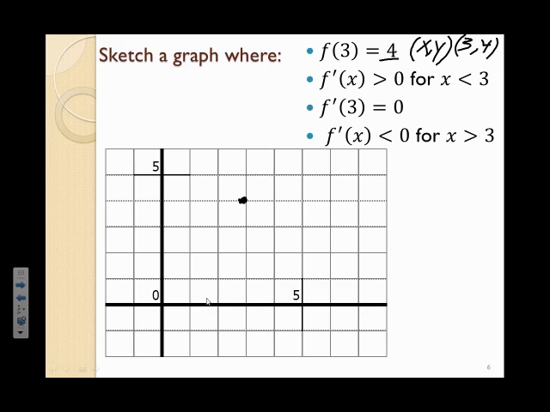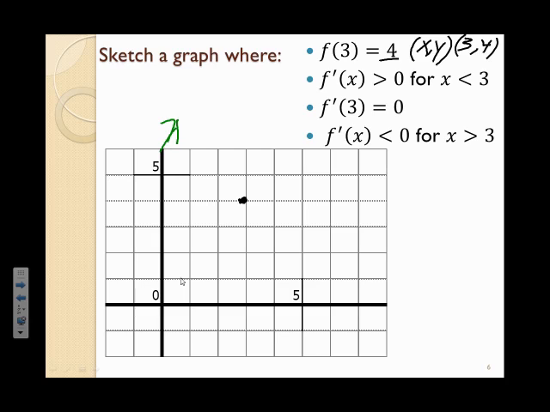The first derivative is positive, which means it's increasing. It's going up. And it's going to go up at least until you get to this point. So it's going to be going like this somehow. Well, we don't necessarily know what it would be yet. So let's draw a little directional thing here saying that on this side, we know that it's going to go up.